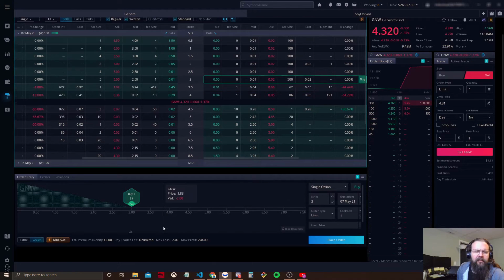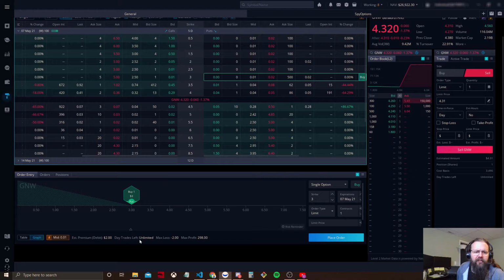But let's look at the little probability chart down here. Max loss, $2. So, not much skin in the game. But it would have to fall below $3 for you to make any money. Not very likely, given the chart we just saw.